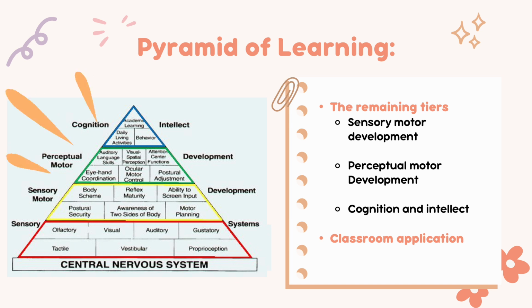So what does that look like in your classroom? For example, when it's cold outside, you might tell your kids to get their coats on and get in line. Your kids are able to do that because first they hear your voice with their auditory sensory system. Then they're able to screen out the background noise to identify that your voice is important. Then they can use their motor planning in order to plan how they're going to move in response to the directions that they heard.